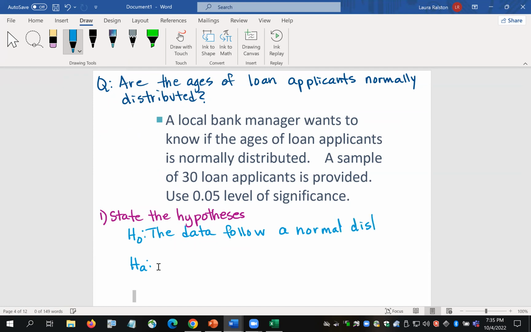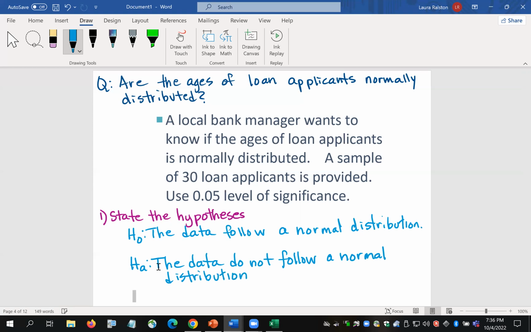Again, that's like saying, yes, it is normally distributed. H sub A, the alternative, would be the data do not follow a normal distribution. Okay, so there's your hypotheses.